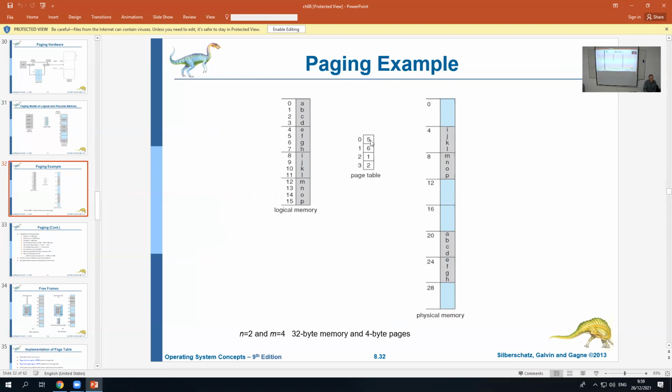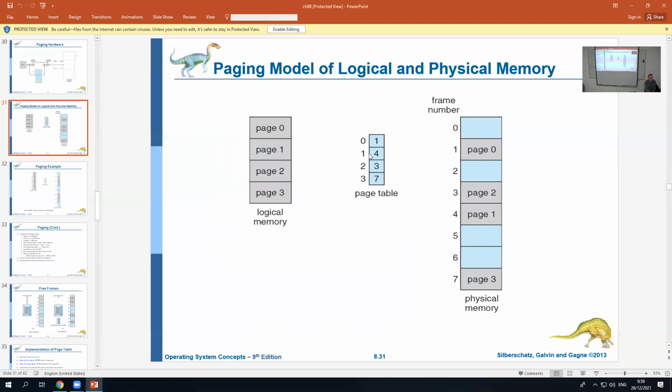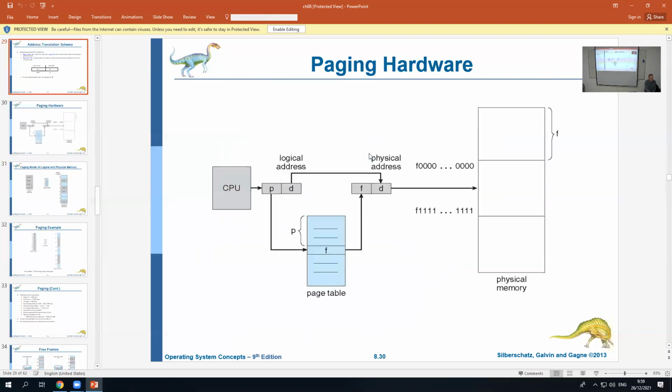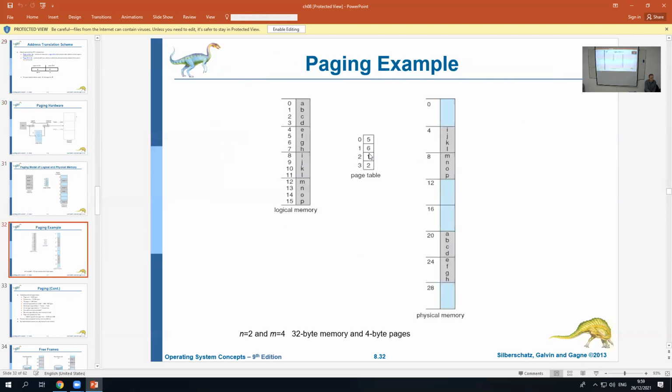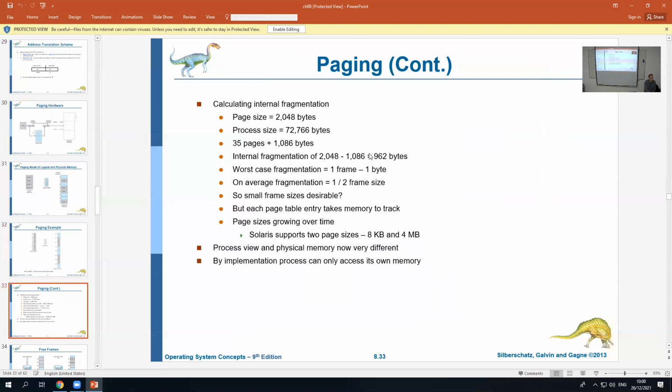This page table should really be labeled page table for process P1. There'll be another page table for process P2, and its numbers will be different at 0, 1, 2, and 3. The operating system maintains a page table for each process.